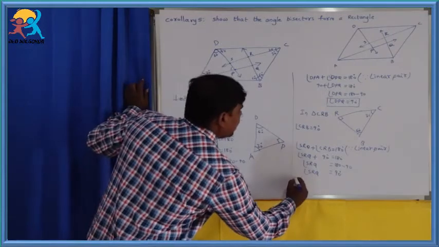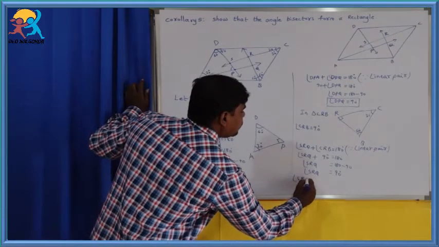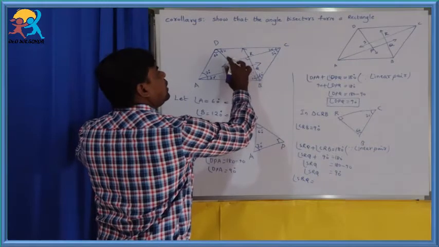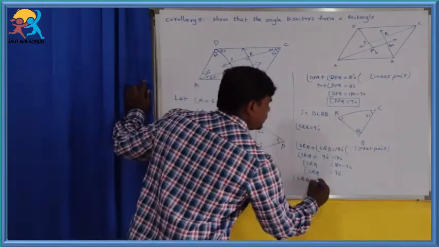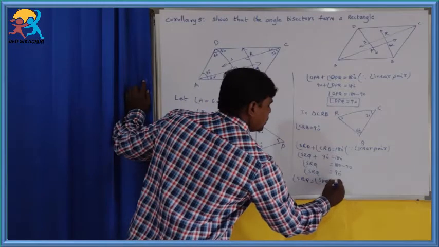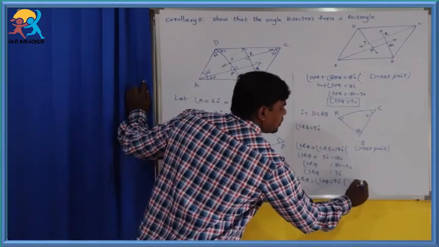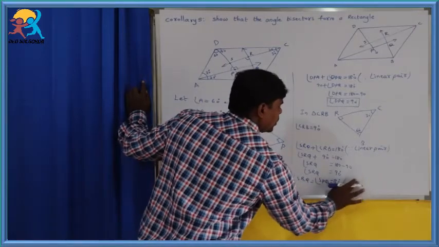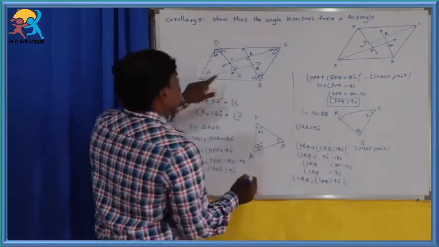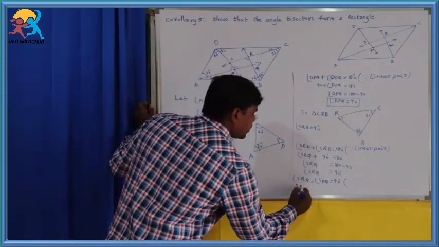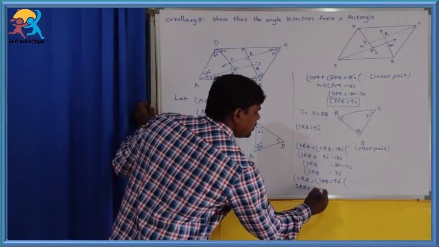We will write angle SRQ, this angle is equal to angle SPQ, 90. Therefore, opposite angles are equal. We can write SRQP is a parallelogram.